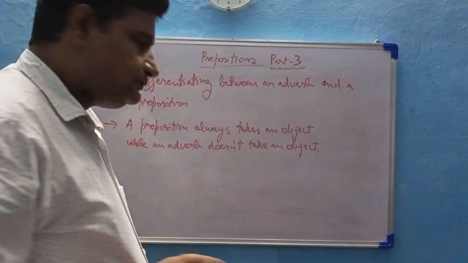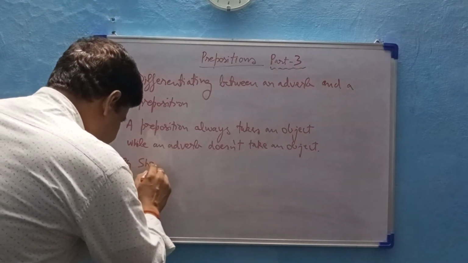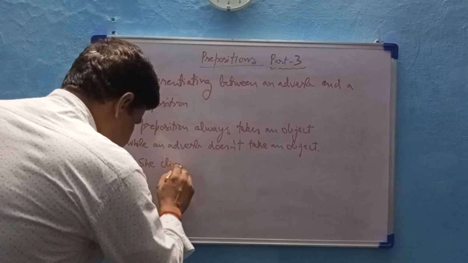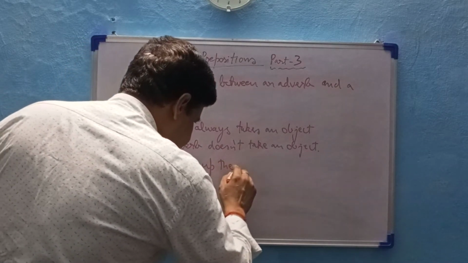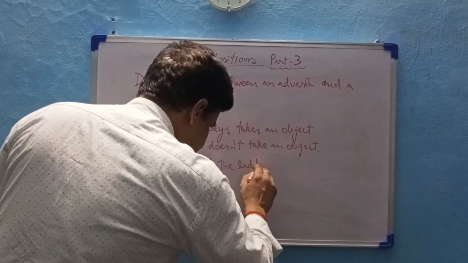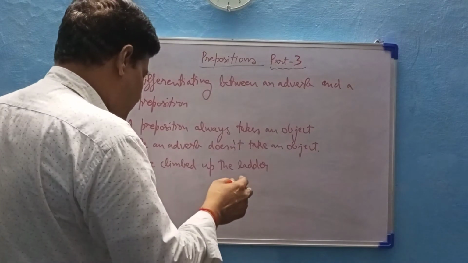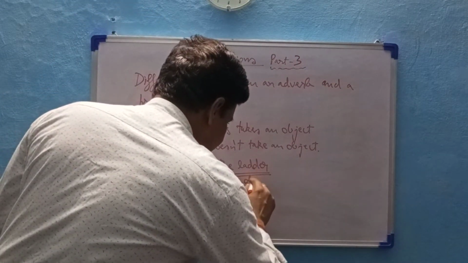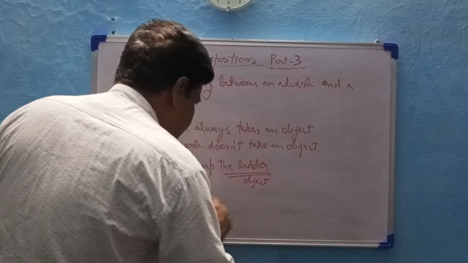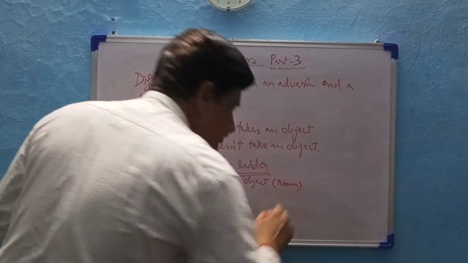For example, she climbed up the ladder. So here what is the object? This is the object, and this object is a noun. Which noun?